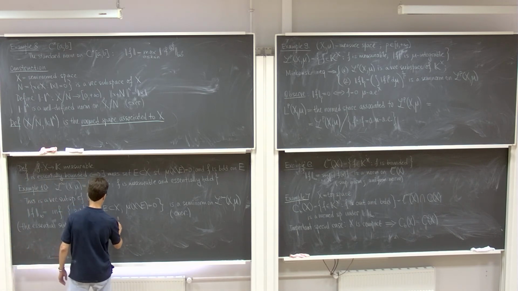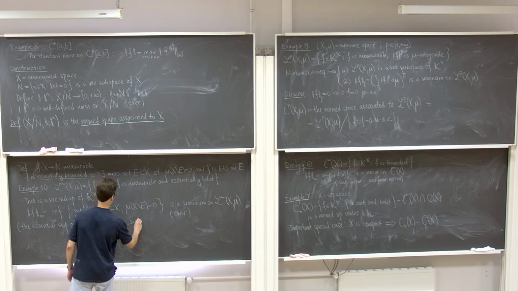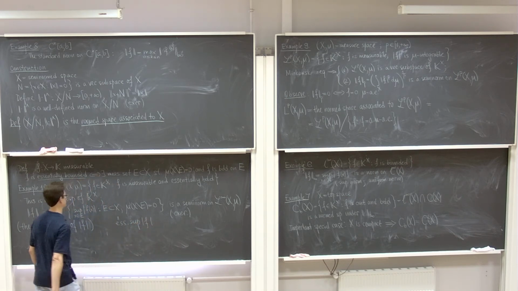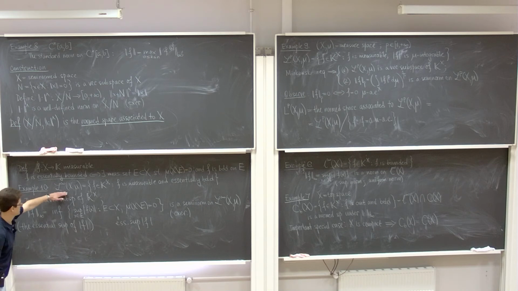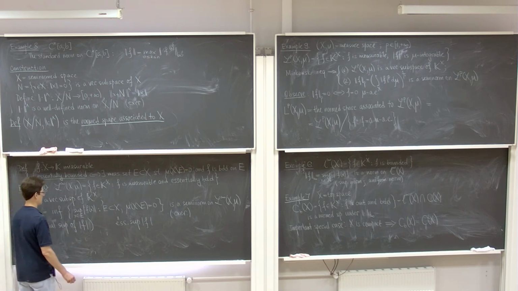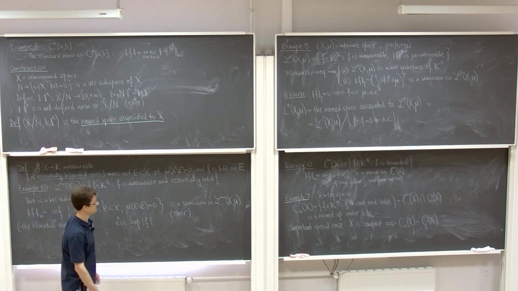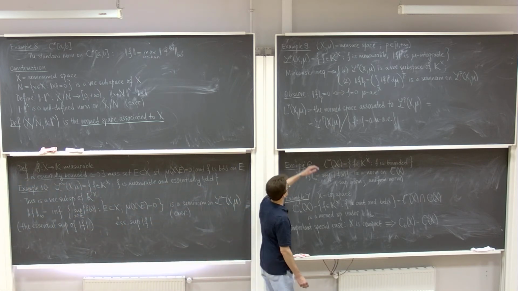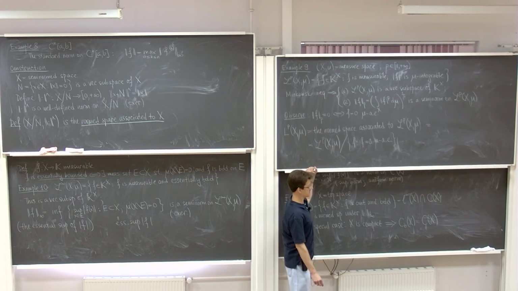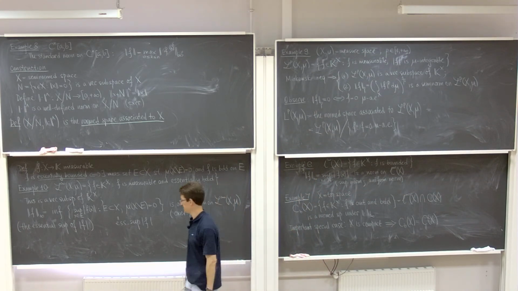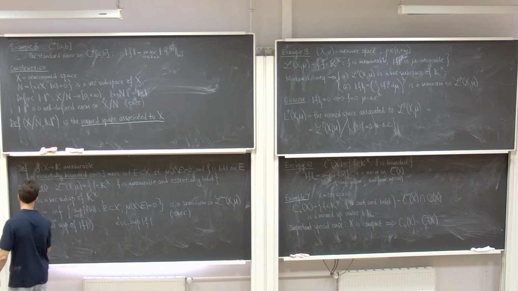Sometimes this is denoted like this. So in summary, we see that the script L infinity space becomes a seminorm space. And similarly to the case where p is finite, we have this property: the essential supremum of f vanishes if and only if f vanishes almost everywhere.